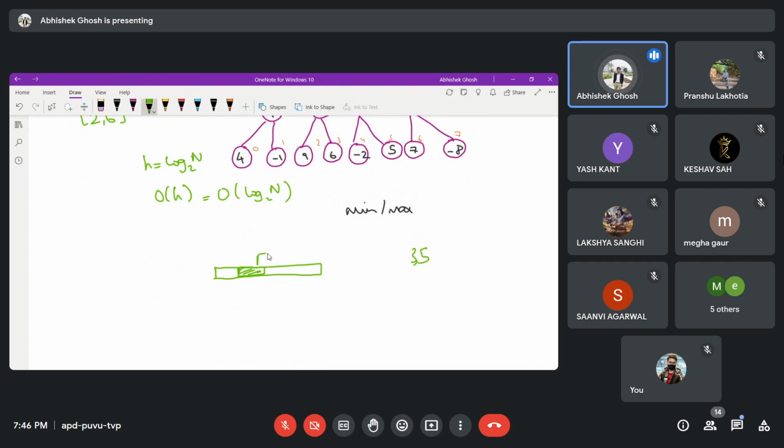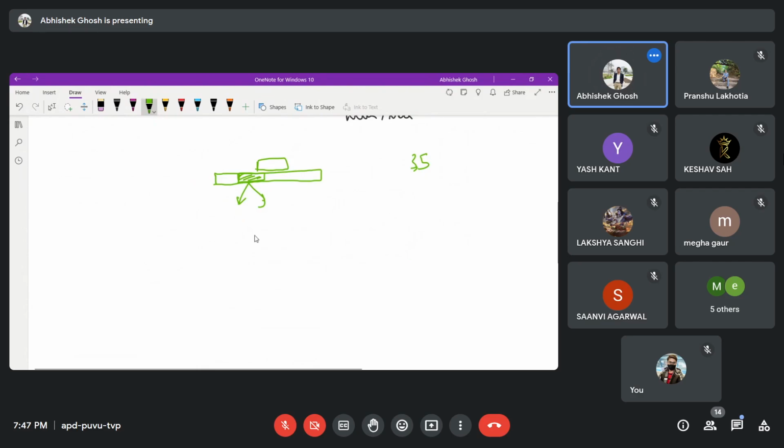My current node is only providing me a partial answer, I just need this part of the segment. So I need to make calls to both sides. I check the left side and I check the right side.